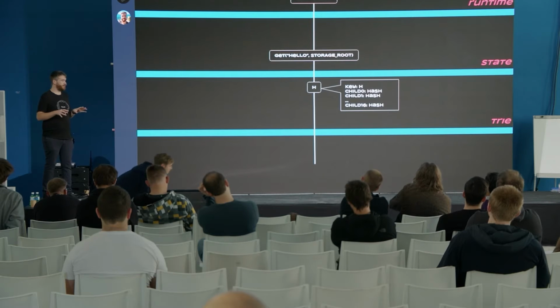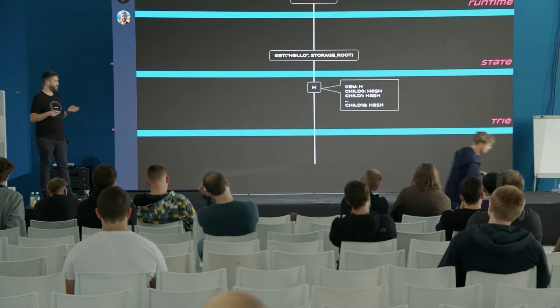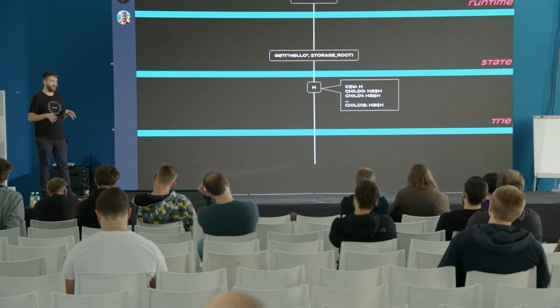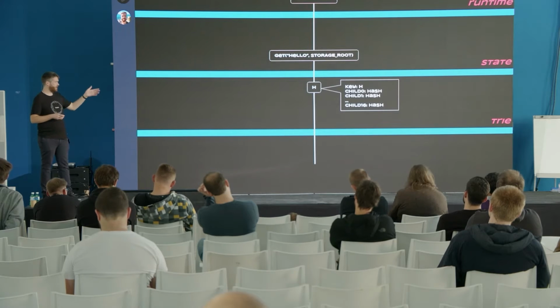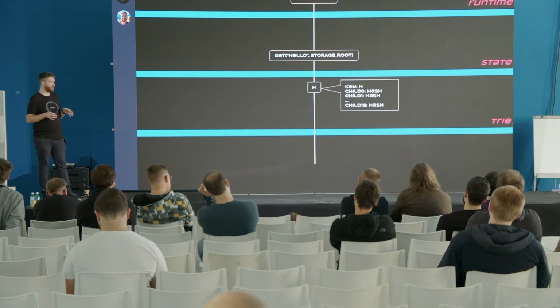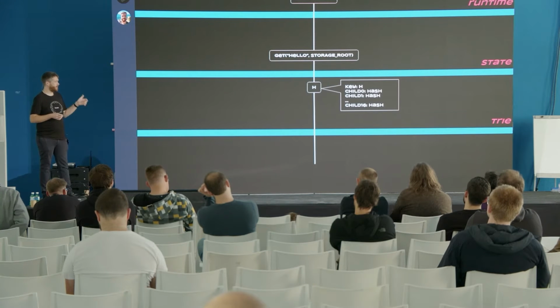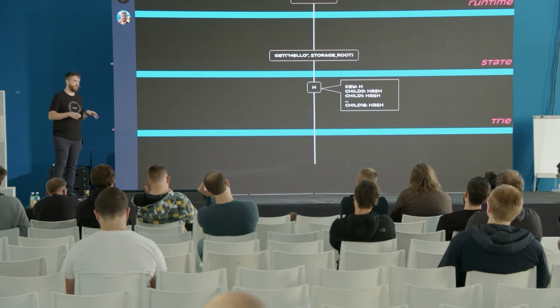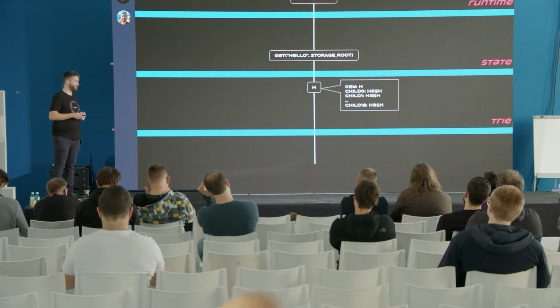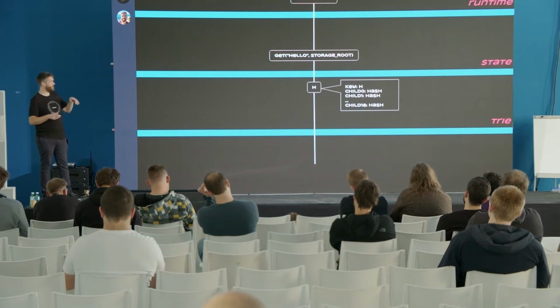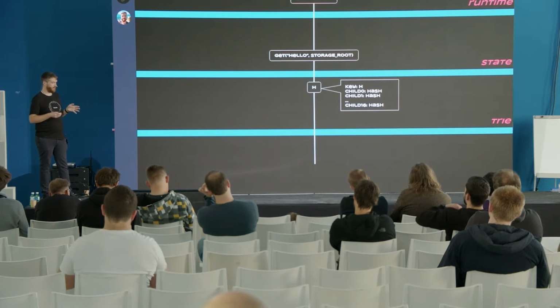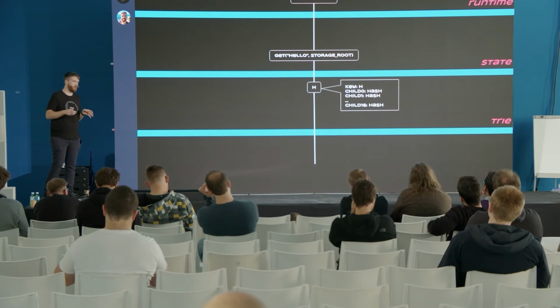Each Trie node has parts of the key assigned, in our case h. Since you have a Patricia 16 tree in Substrate, you can have 16 possible child nodes, and each of these nodes also has a hash attached. As we want to get the value for our key hello, we start to traverse the Trie.